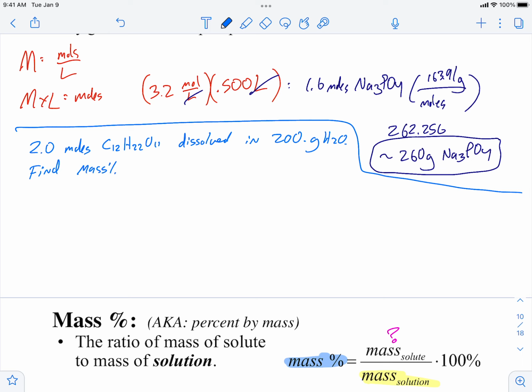Find the mass percent. Now, sugar's molar mass is 342.3 grams per mole. So that should save you some time.